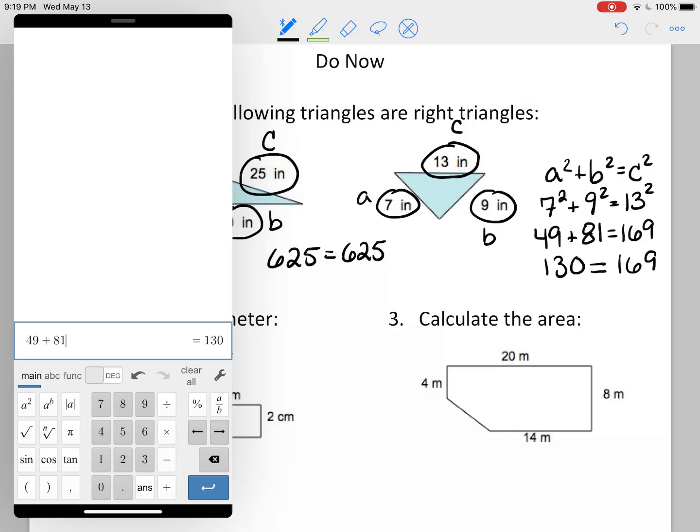And we end up with an untrue statement because 130 is not equal to 169. So this is not a right triangle. And actually, because our c squared is greater than a squared plus b squared, with the converse of the Pythagorean theorem, we know that this is an obtuse triangle.